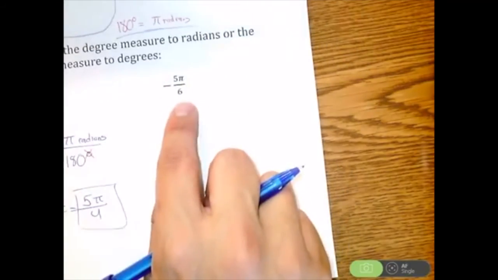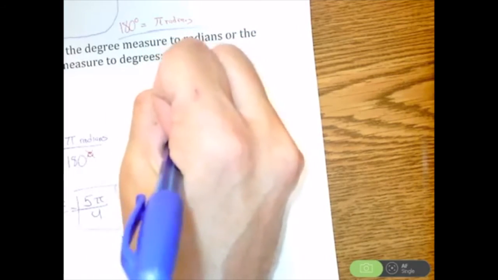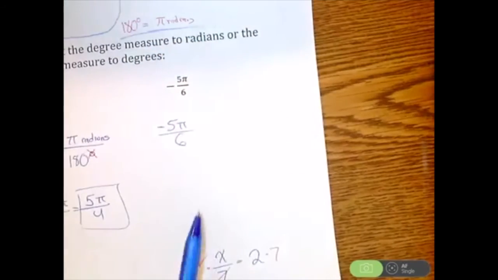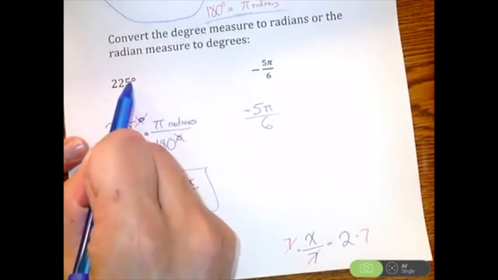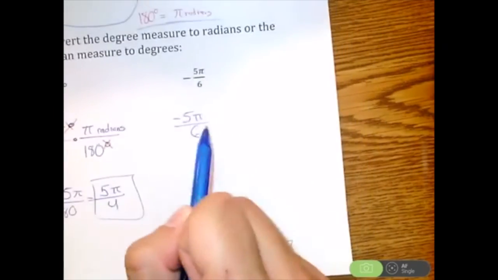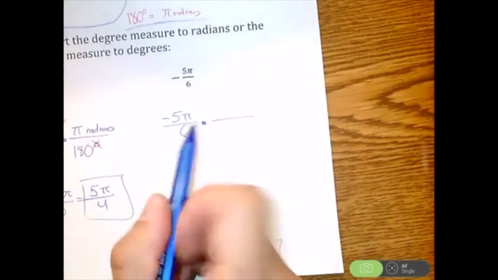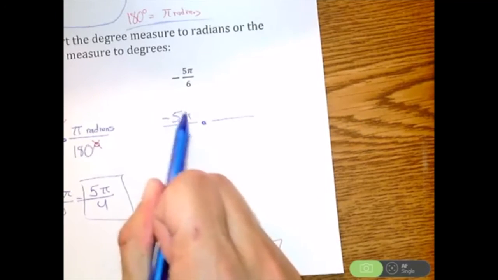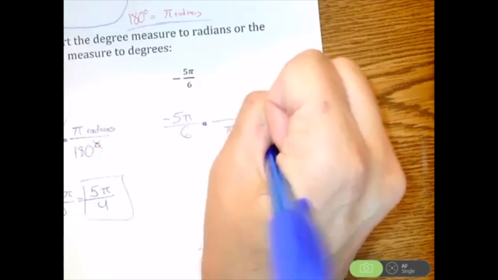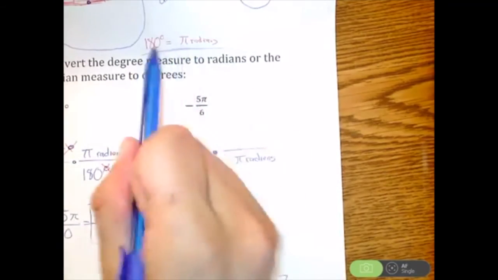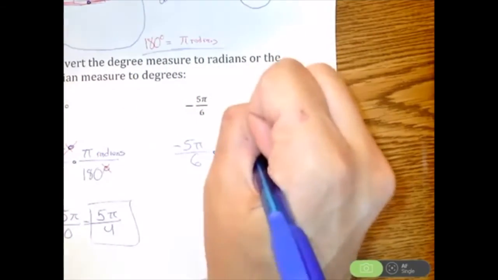If I want to go the opposite way, from radians to degrees, we're going to do something similar but slightly different. So I'm dealing with negative 5 pi over 6. The reason I know this is radians is it has a pi in it. The reason I knew the other was degrees was obviously the degree symbol. So if I want to get rid of radians so I can be in degrees, currently I have a pi in the numerator, or the top, so we're going to put pi radians in the denominator. We're going to use, again, this fact, pi radians is equal to 180 degrees, so I'm going to put 180 degrees up top.